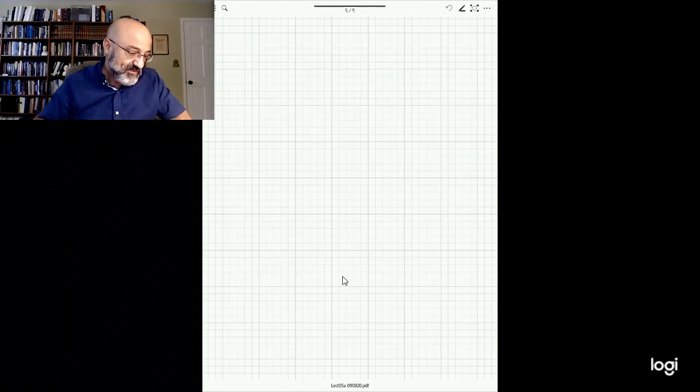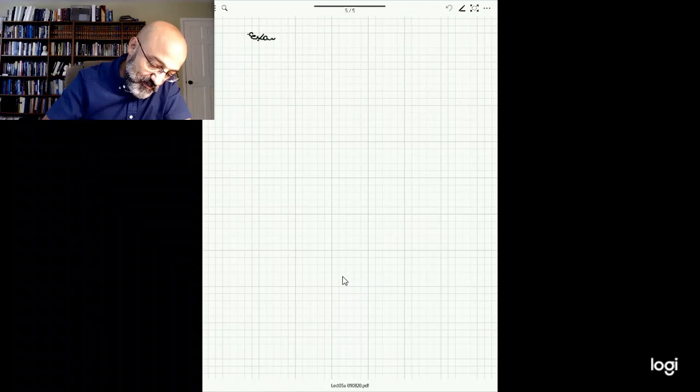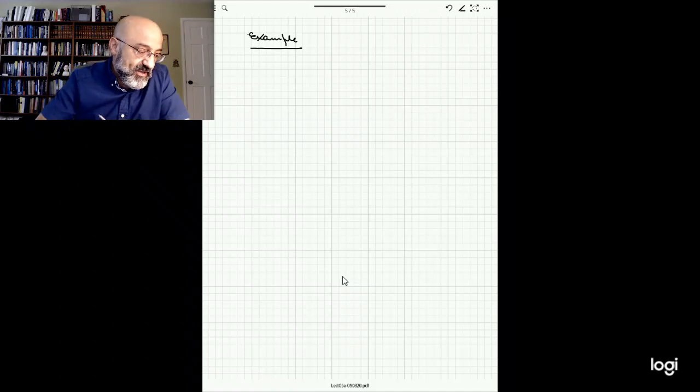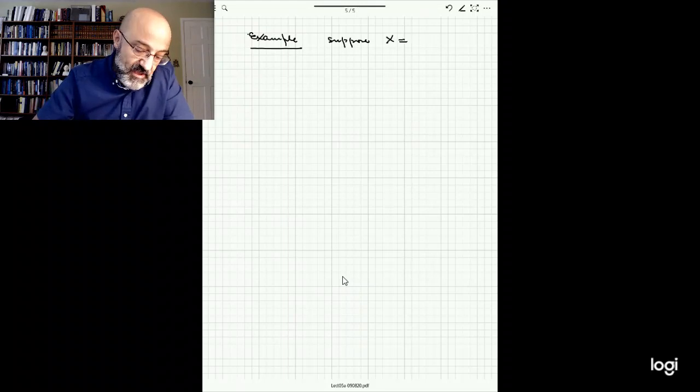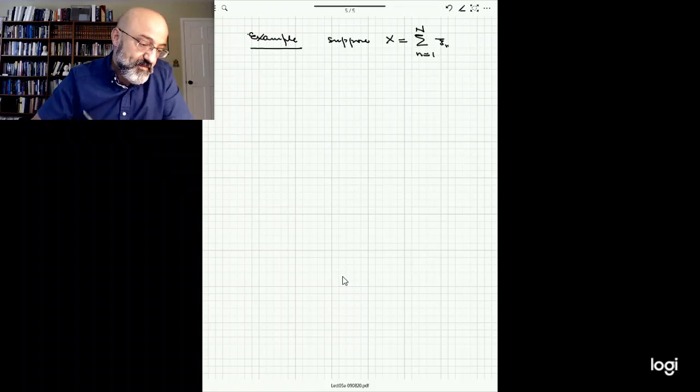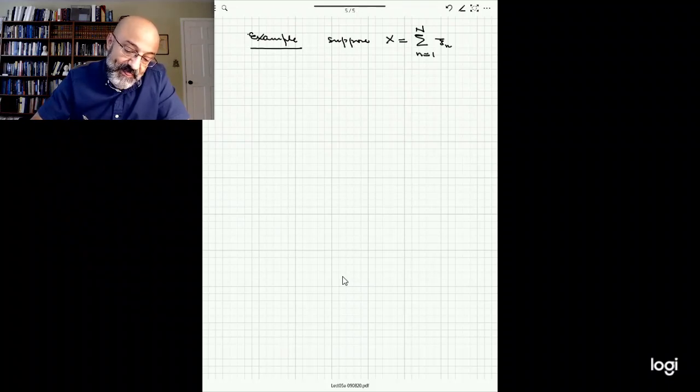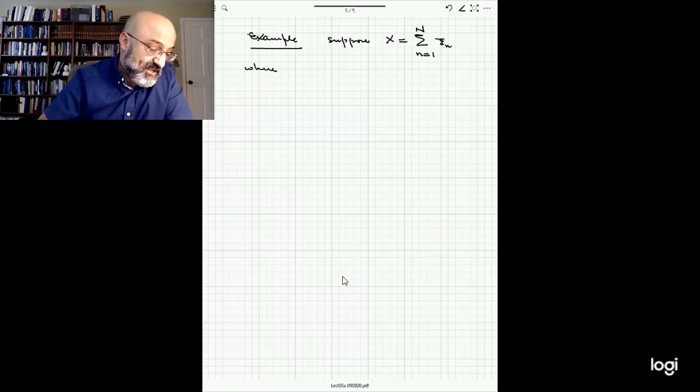Suppose that we have a quantity x that is given by the sum of very many small contributions, from n equals 1 to n, many contributions that are small, where the quantities c are statistically independent.